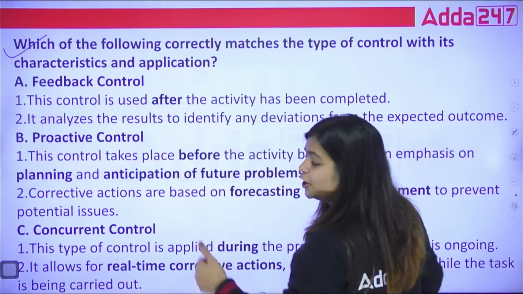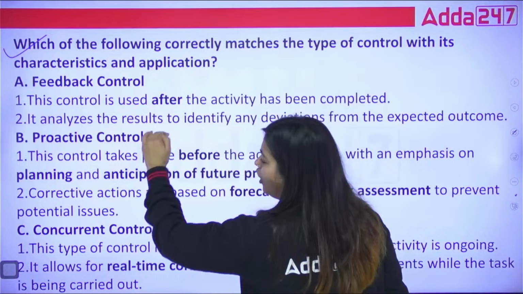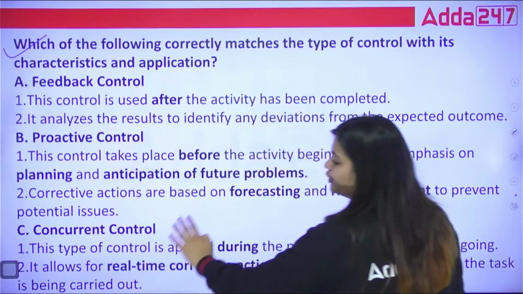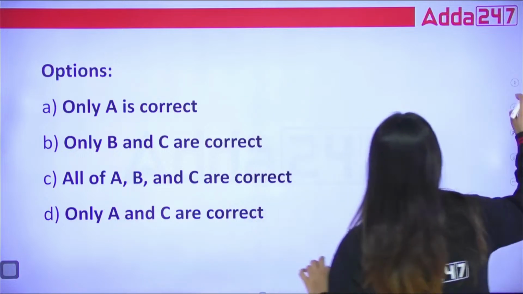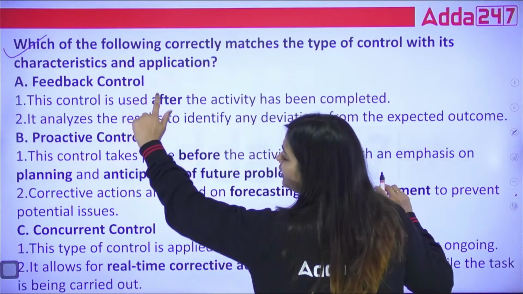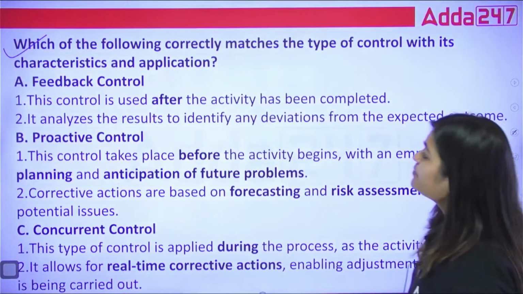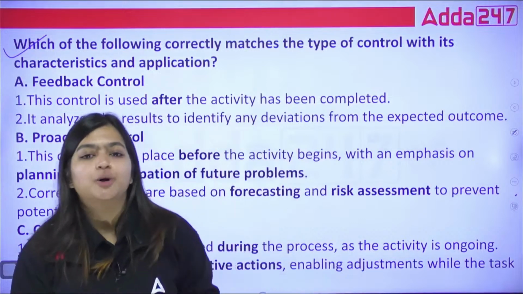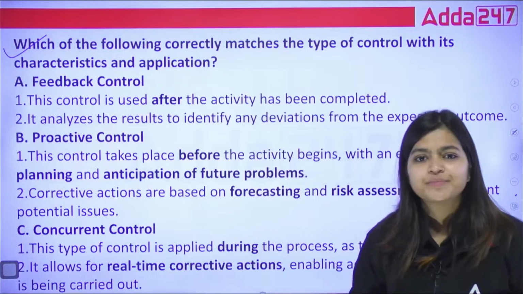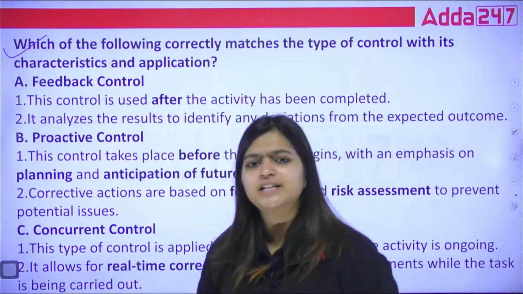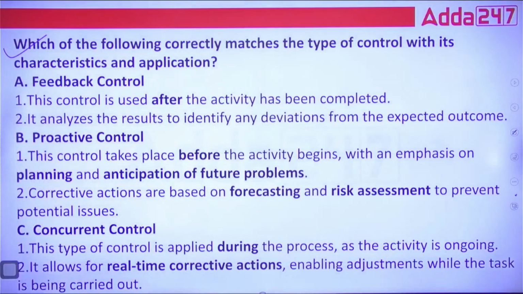In that third option, they are saying the feedback option is correct, the proactive option is correct, and the concurrent control option is also correct. And last, D says only A and C are correct, which means only feedback control and concurrent control are correct. Chaliye, tell me, which is your correct option? Are all these three saying the correct thing, or do we need to identify which is correct and which is wrong?